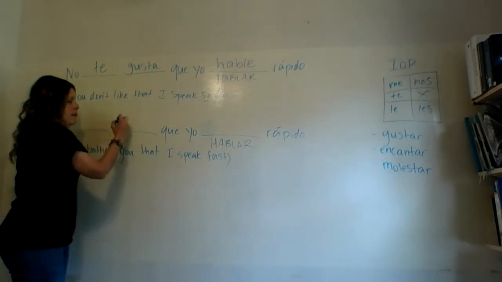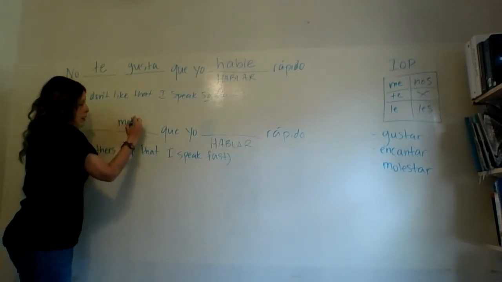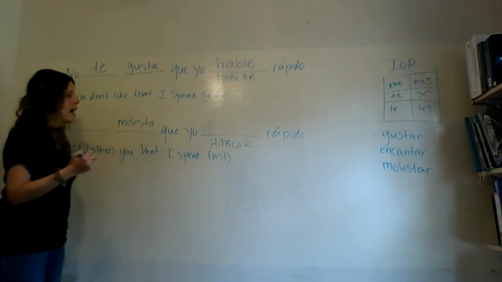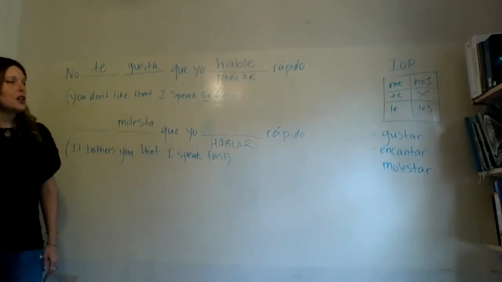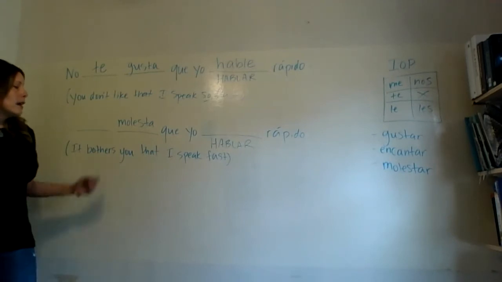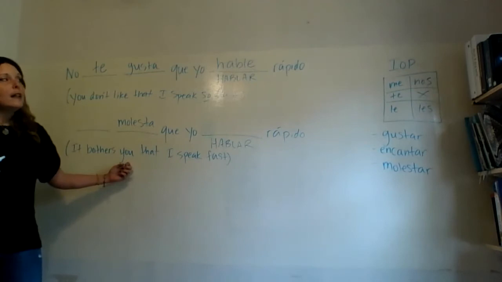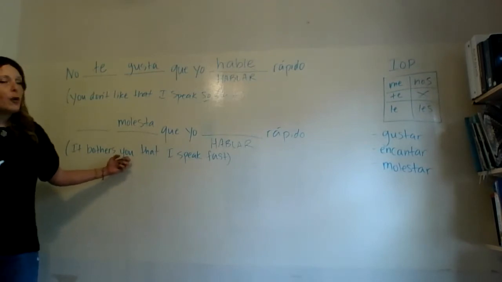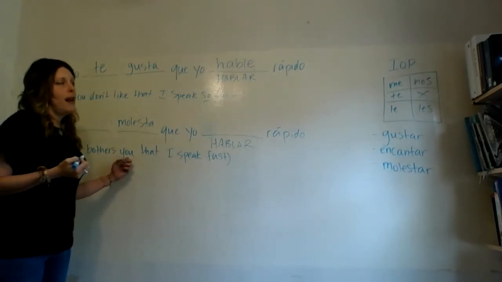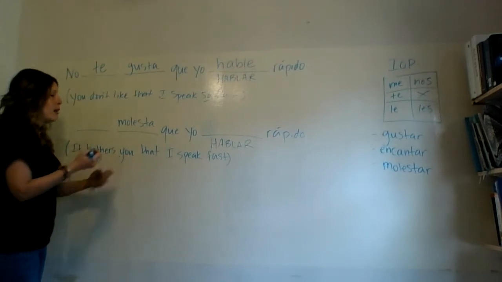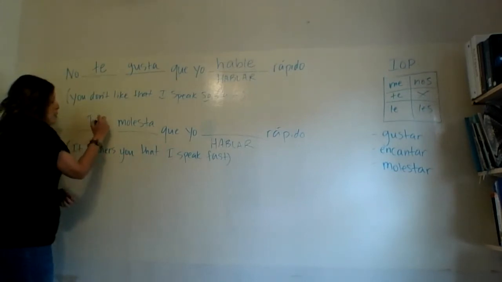We're going to put molestar, or better yet, molesta, in its third person singular conjugation in that second blank, because it's something that bothers you. And on that note, that will clue us into what our appropriate indirect object pronoun should be. And obviously it's going to be te, because it is bothersome to you.